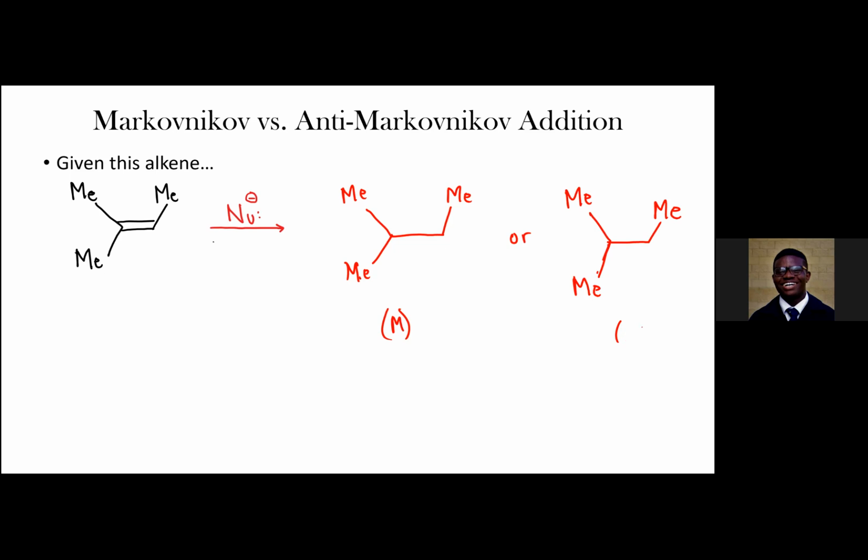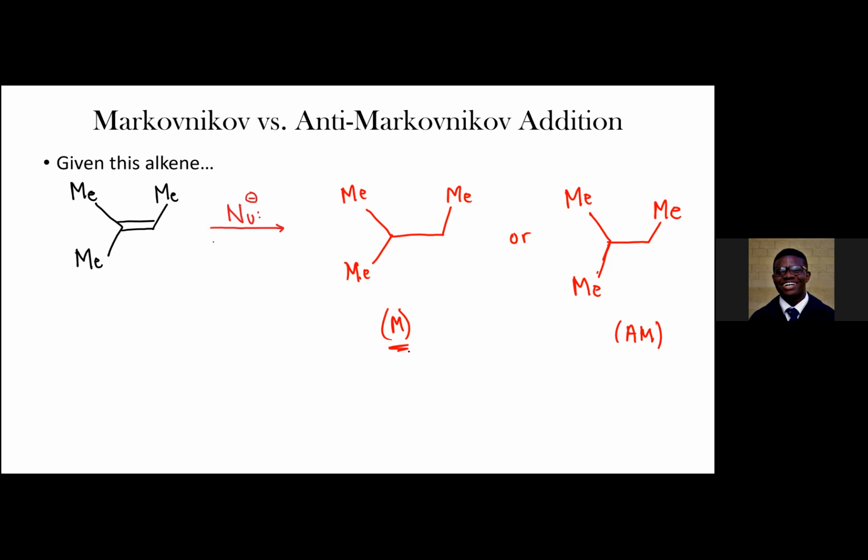Okay, so when we think about Markovnikov, all that's saying is that our nucleophile is going to end up at the most substituted carbon when we're doing these alkene additions. And in the anti-Markovnikov, that's just saying that our nucleophile is going to end up at the least substituted position of our alkene.